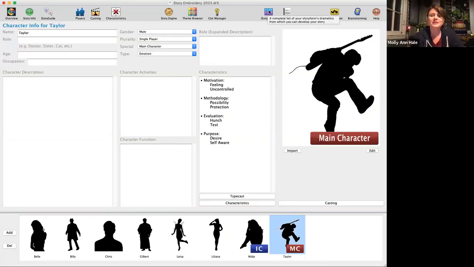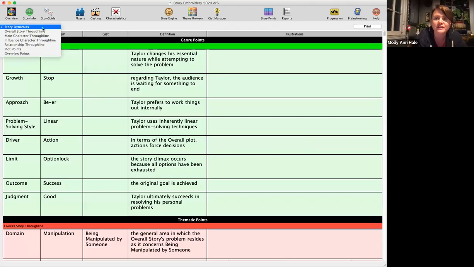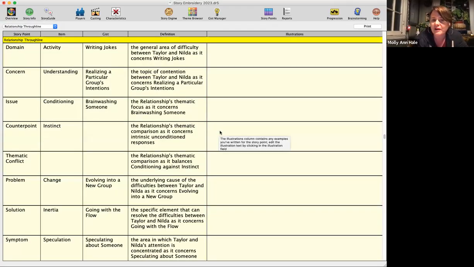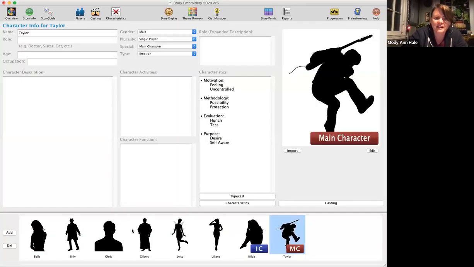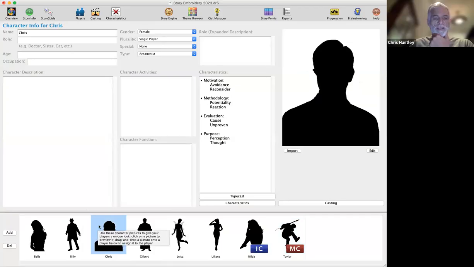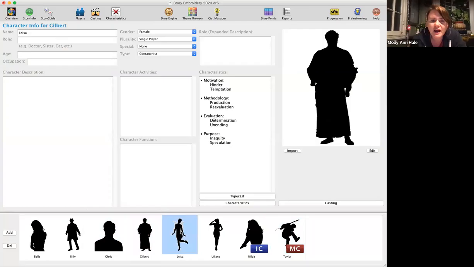You said they're not a cult, but probably from the outside, people think they are a cult. And I'm looking at stuff like brainwashing versus instinct, or realizing a particular group's intentions. So I'm wondering if maybe our contrarian or our antagonist might be pointing some fingers. Antagonist. Chris is the antagonist, the female Chris.